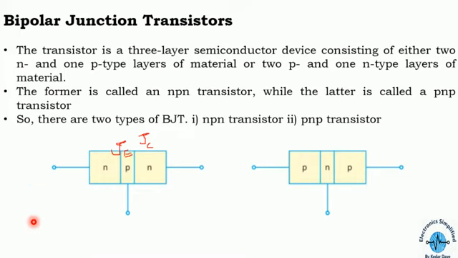As we know, the P type semiconductor will have holes as majority charge carriers, and the N type semiconductor will have electrons as majority charge carriers. So both will have different minority charge carriers. For P type, the minority charge carriers will be electrons, and for N type semiconductor, the minority charge carriers will be holes.